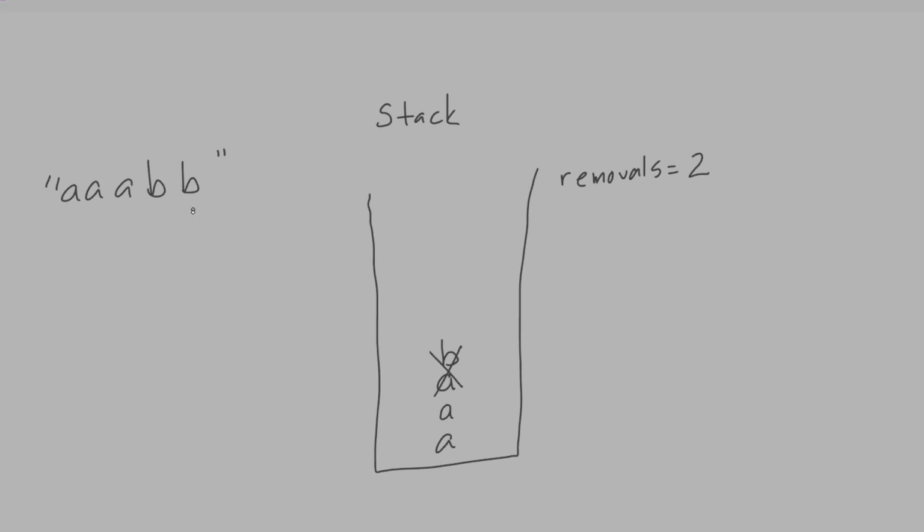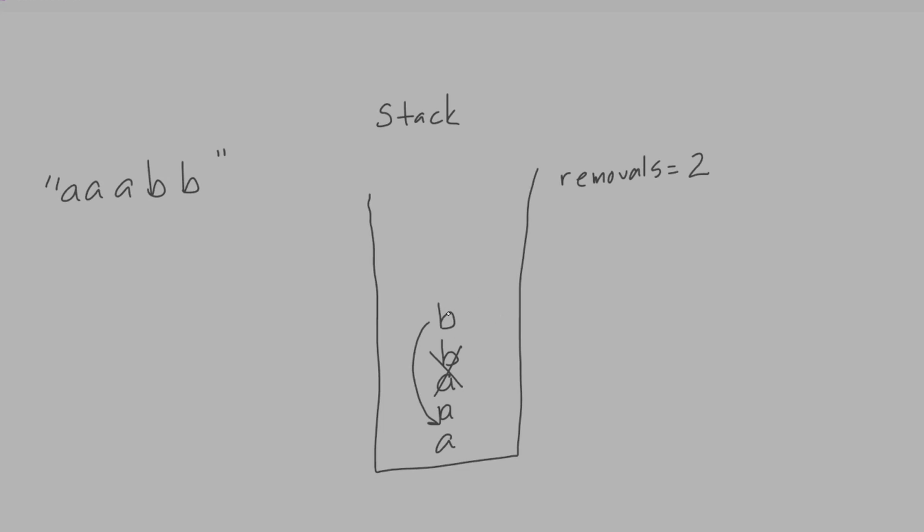We get to this last B and we can compare this B here with this A down here. And these were not previously together, right? There were 2 characters in between them. But because we've used that stack and we're removing the characters as we see them, it essentially allows us to combine the remaining parts of the string after we remove them and continue those checks.